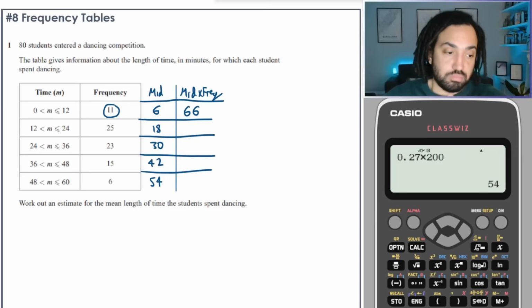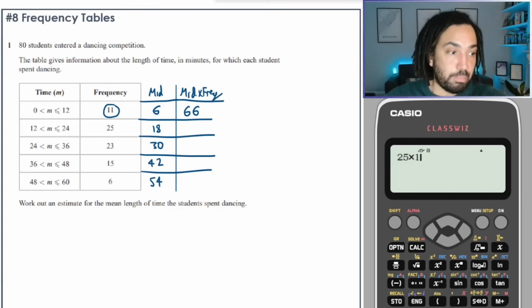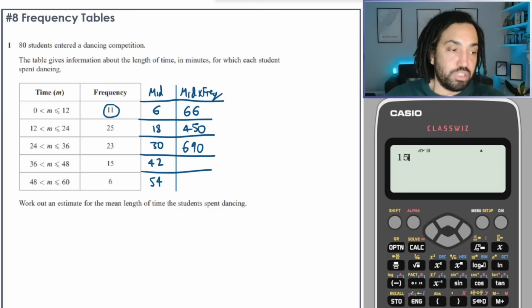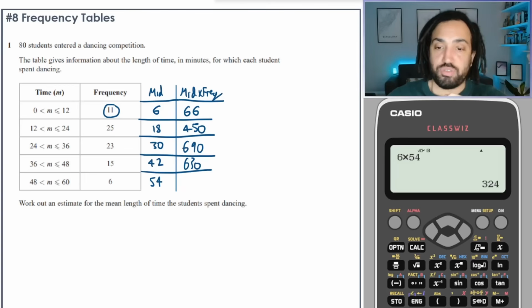Next one, and I'm going to need the old calculator here, is going to be 25 times by 18. 450. 30 times 23, 690. 15 times 42, 630. And 6 times 54 is 324.